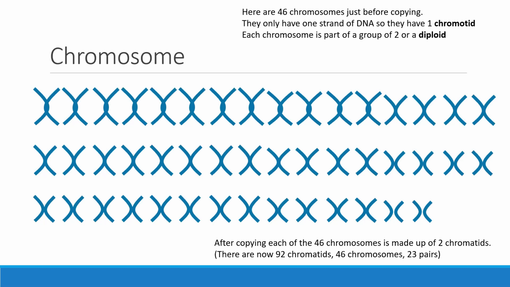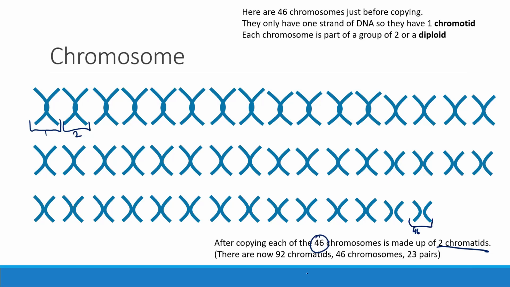You can see that all of these are double, but there are still 46 chromosomes, because if you count each of these, there are still 46 of them. But each is made up of 2 chromatids, so there are 92 chromatids. There is double the amount of strings.